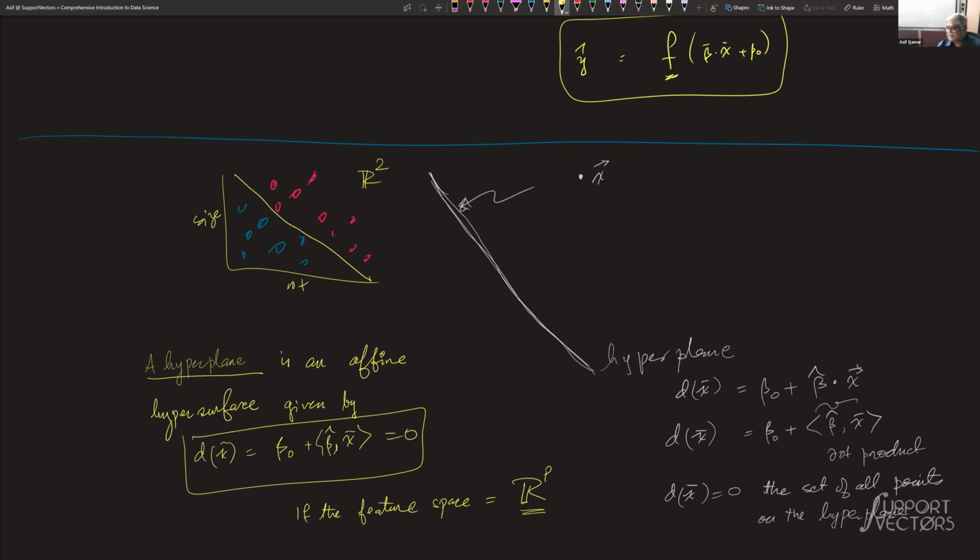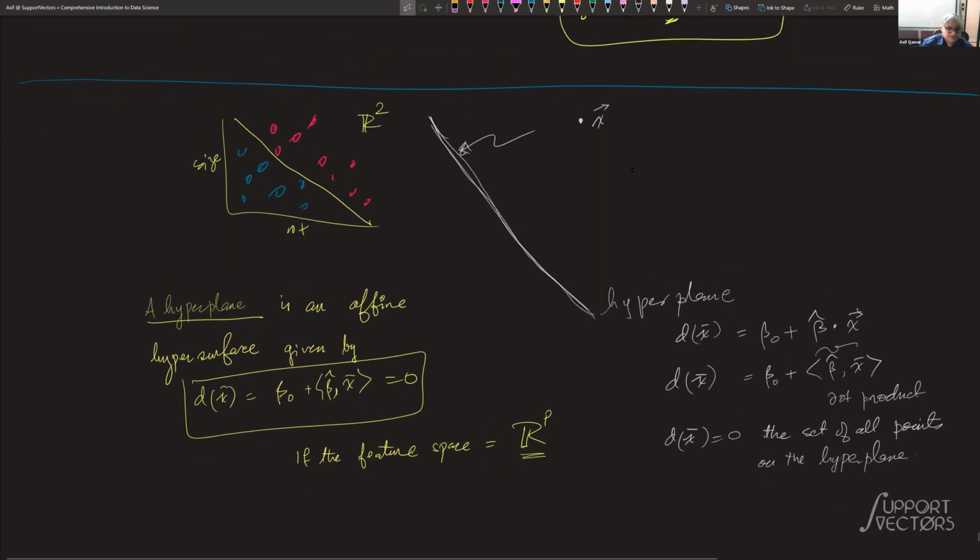And then the thing is, what would be the dimensionality of the line? In two dimensions, in R^2, what is the dimensionality of the hyperplane or the decision boundary? R^1 or just R, isn't it? One dimension less. Would you all agree? n-1, yes.